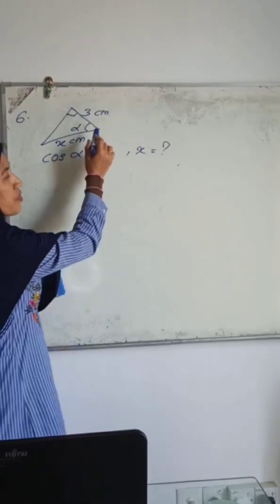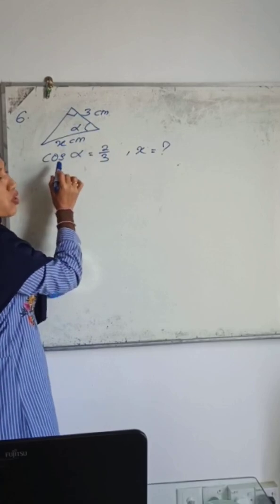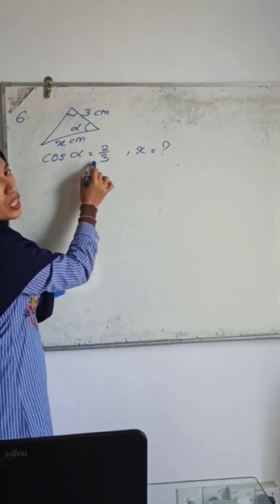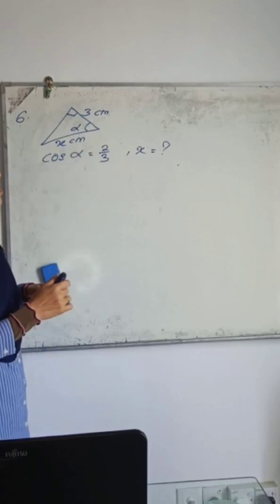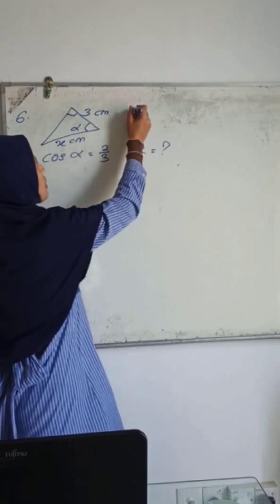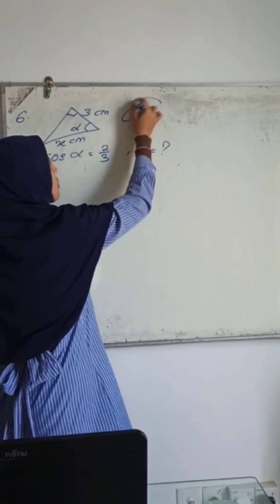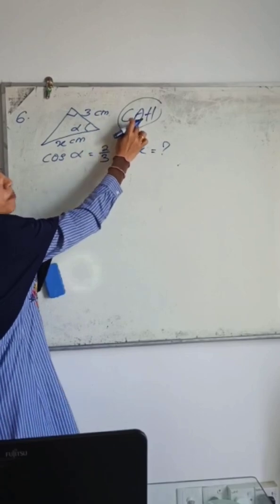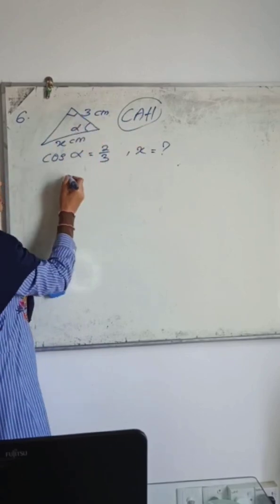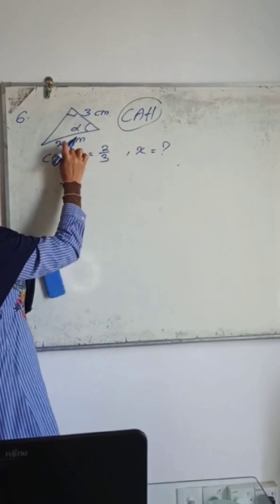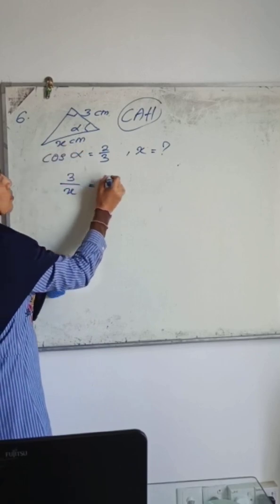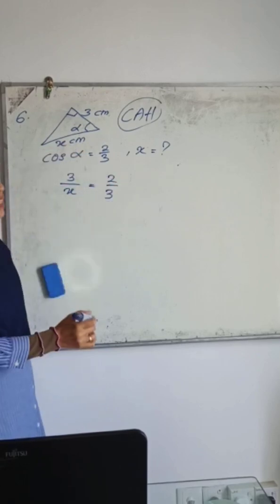Question number 6. Given this right angle triangle and cos alpha is equal to 2 over 3. Cosine is adjacent per hypotenuse. Adjacent is 3, hypotenuse is x. So 3 per x equals 2 per 3.